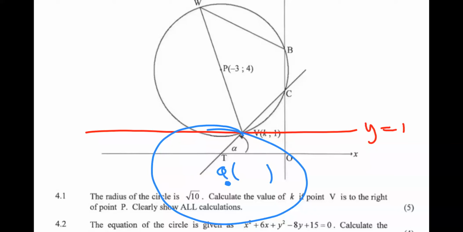So would it be -3 and -4? No, not -4. Isn't it -3 and -2, I think? That is correct. -3 and -2.